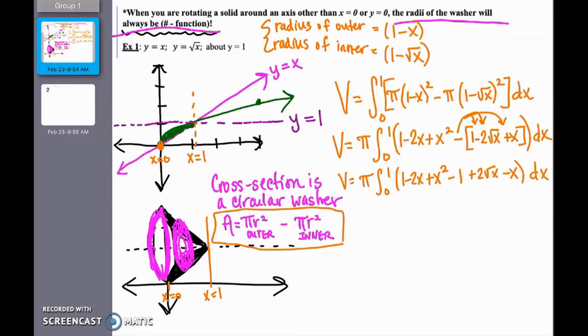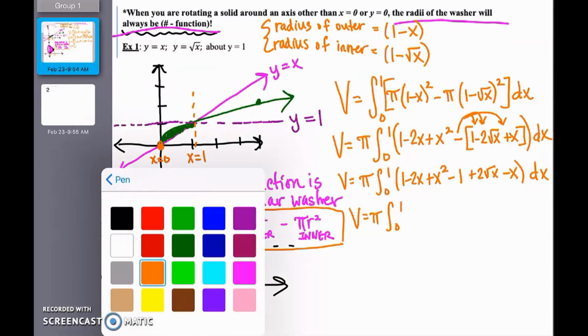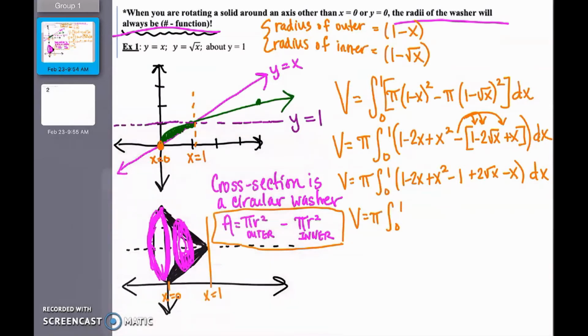And then, as you can see, I can combine some like terms here. When I combine my like terms, my 1's are going to cancel. So 1 and negative 1 cross out. I have an x squared. I have a negative 2x plus a negative x.